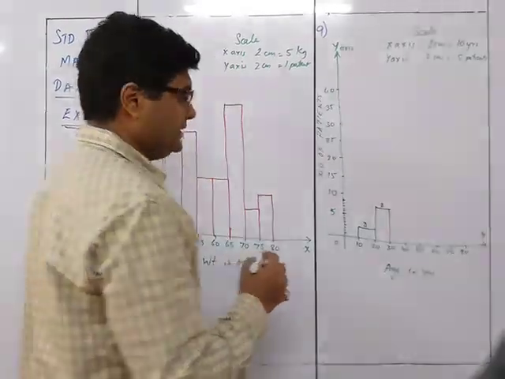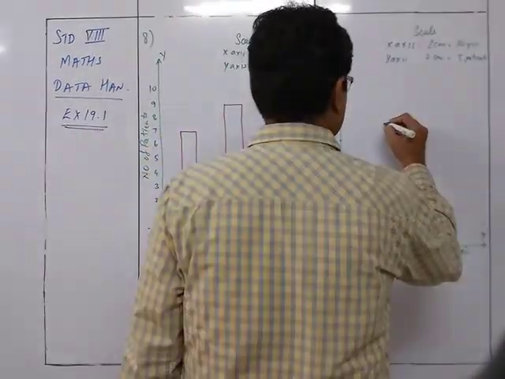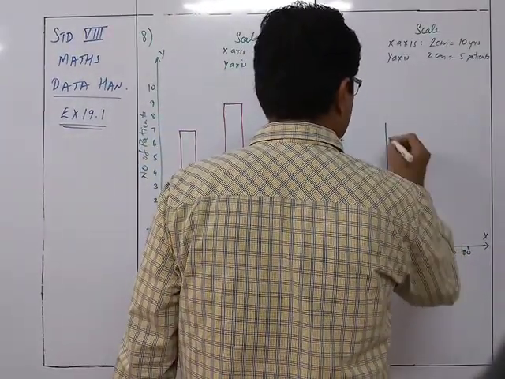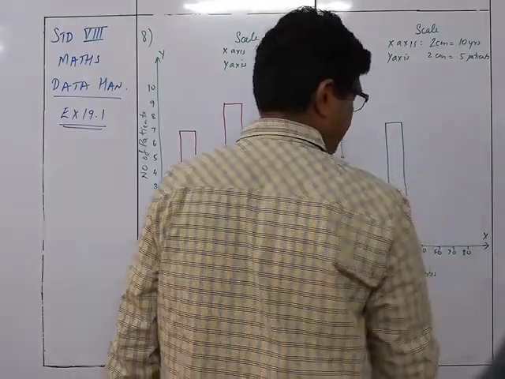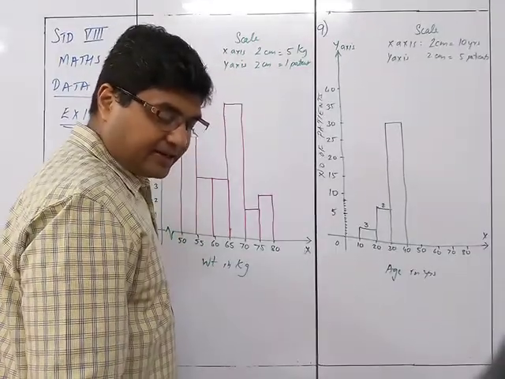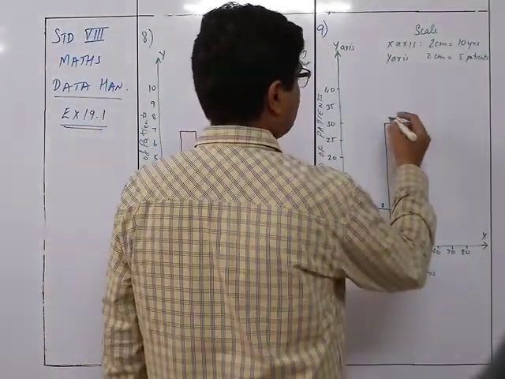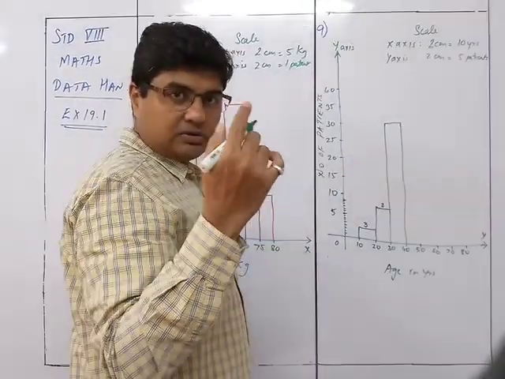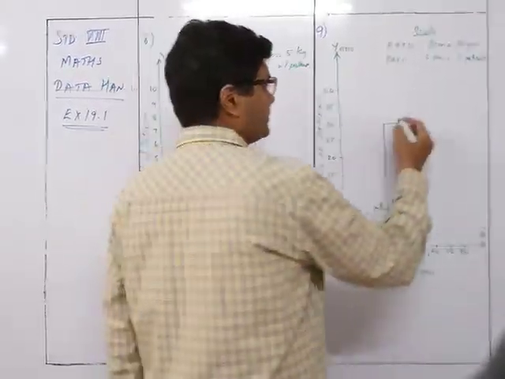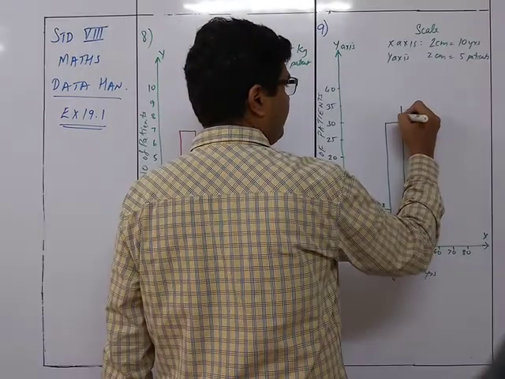The next is 30. 30 is direct, not a problem. So we get 30 directly. The next is 36. 40 to 50 is 36. So 36 will be the second line after 35, because 35, then 35.5, and then 36.